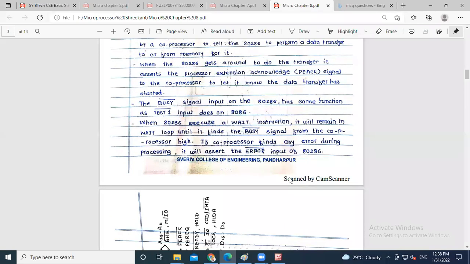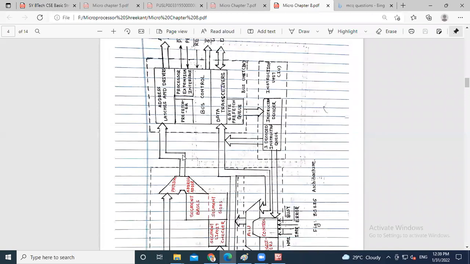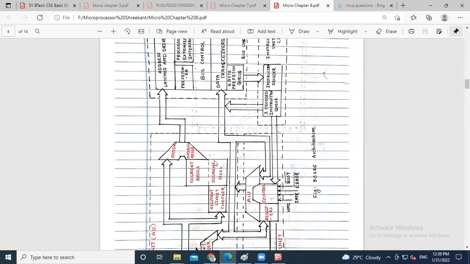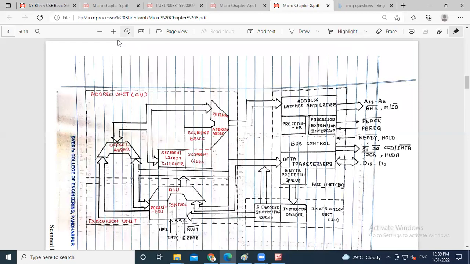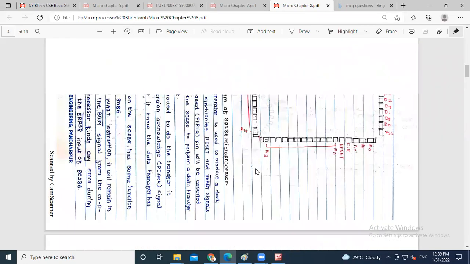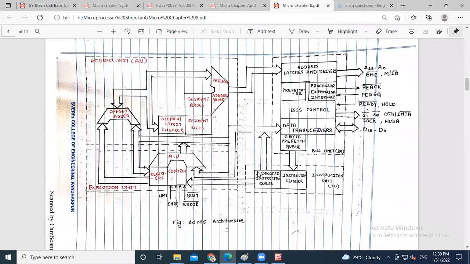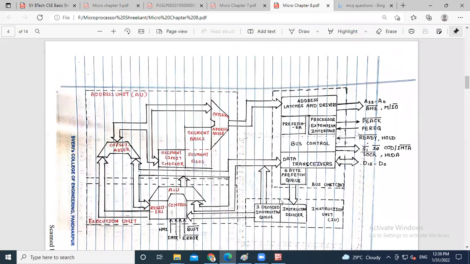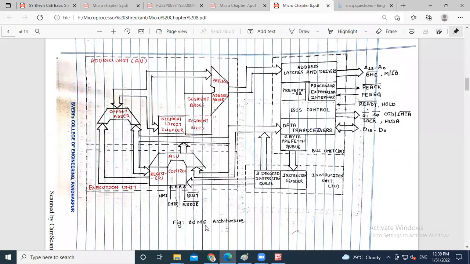Now this is the architecture of the 80286. Just observe what new things are present compared to all the microprocessor chips you studied before.